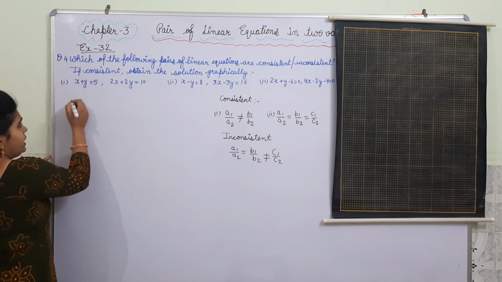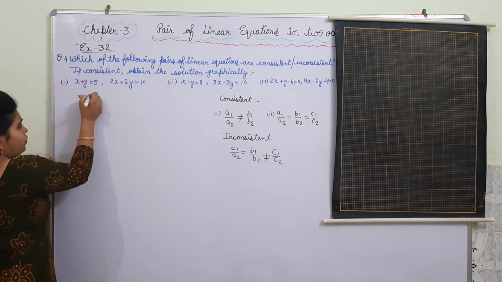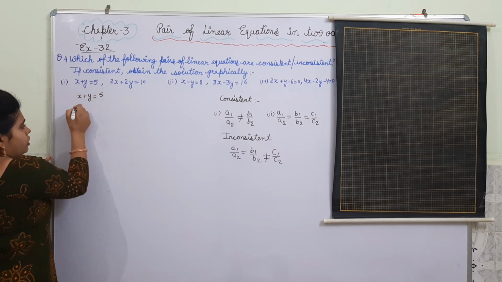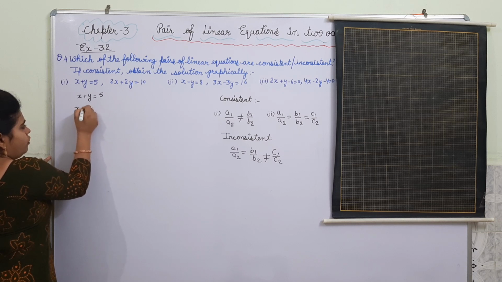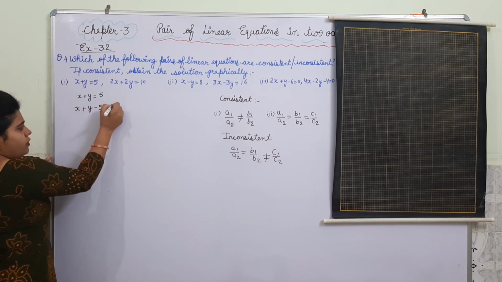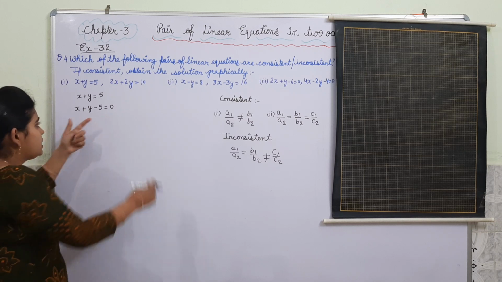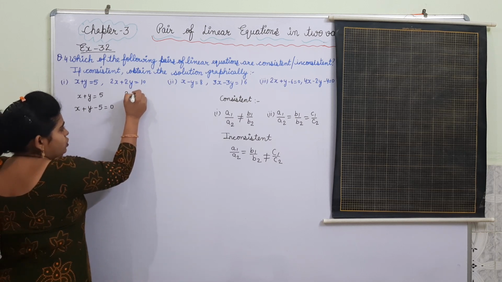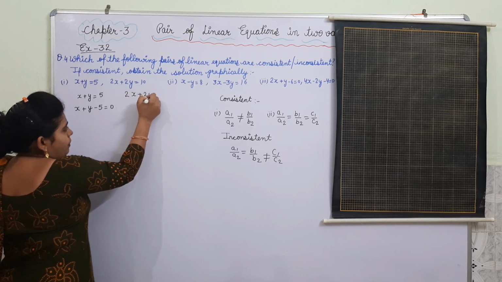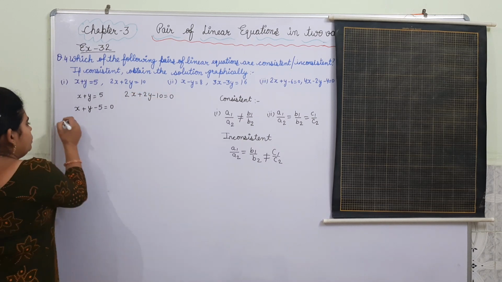In the first part, what is given? x plus y is equal to 5. It can be rewritten in the form x plus y minus 5 is equal to 0 because it is our standard form of pair of linear equations. Similarly, we can write the second as 2x plus 2y minus 10 is equal to 0.